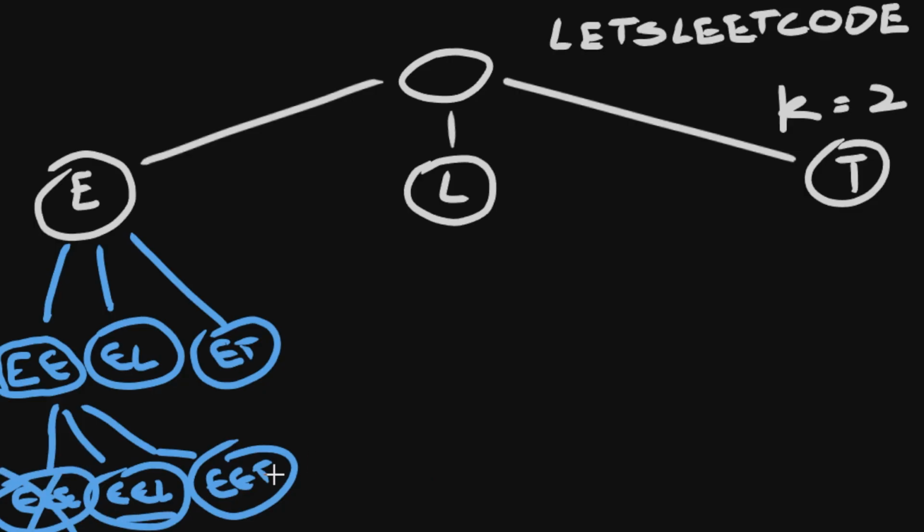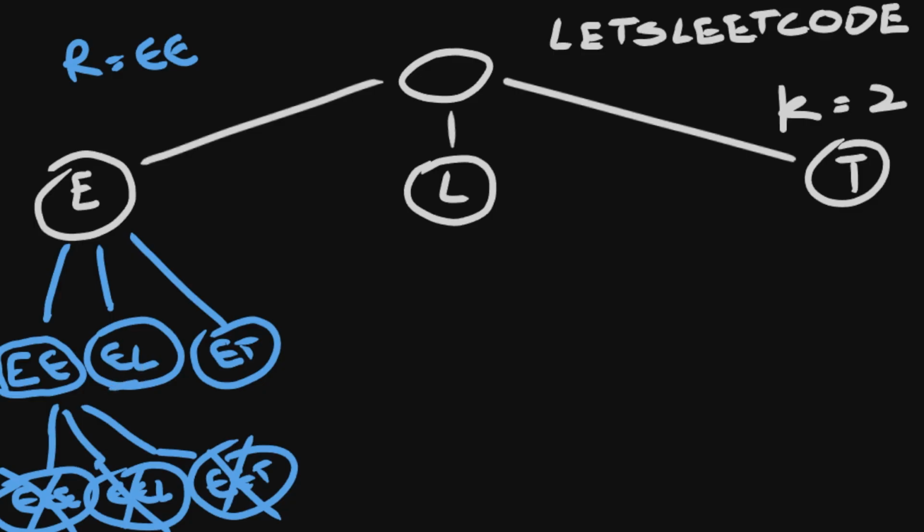Now we are checking this, meaning if we have EEL, and here we have EE, and we don't have an L, so we can't continue here. Next we have EET, so we are looking for EET 2 times. And here we have EET, so we don't have this. And our result is currently EE, because this is the largest subsequence we've seen so far. So this is EE for the moment.